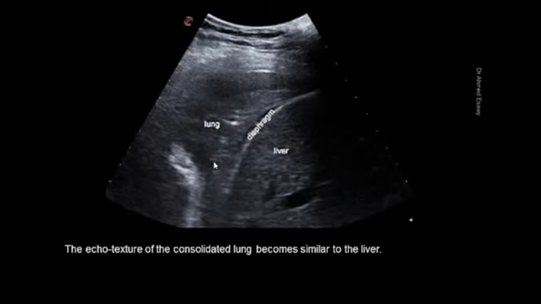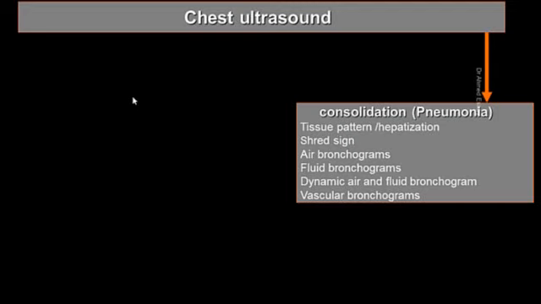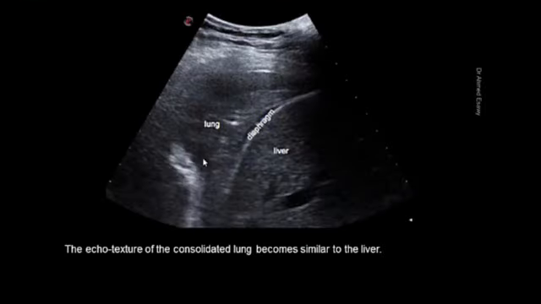Again, fluid-filled alveoli change the shape of the lung on ultrasound to liver-like tissue, the so-called hepatization or tissue-like sign. This is replacement of air in the alveoli with fluid or pus in pneumonia, giving a tissue-like or liver-like appearance. Here are the liver, the diaphragm, and supradiaphragmatic basal lung consolidations.